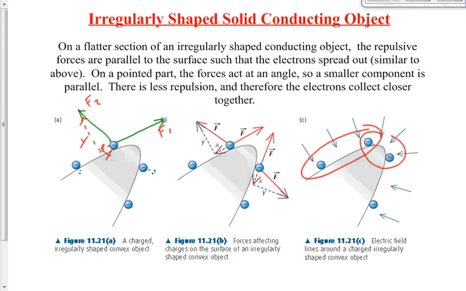The X component tries to balance out F1. Right? The X component counters F1, but F1 is bigger. So that means this charge is going to go towards the tip as a result of F1, that force bringing it towards the tip being a little bit bigger. Now, at some point, F1 is going to decrease because the distance between this charge and this charge gets bigger.